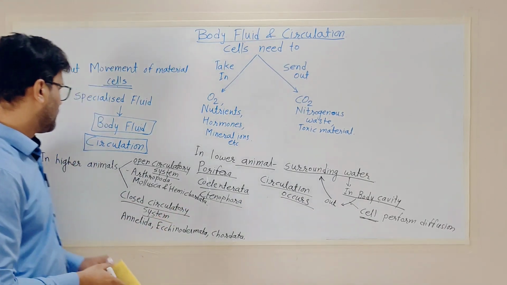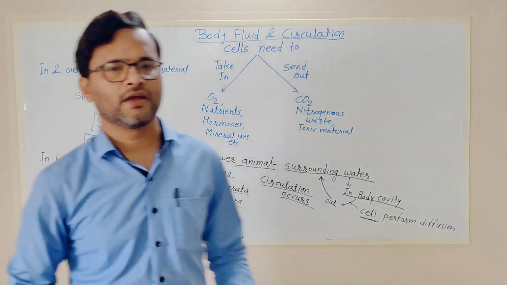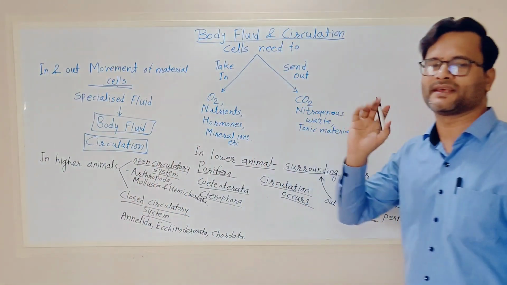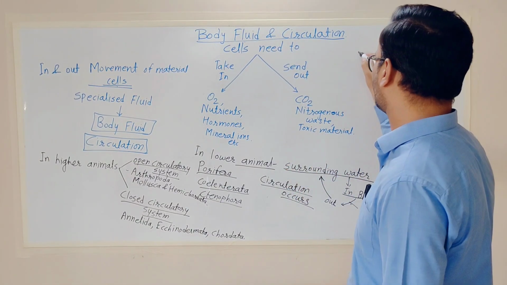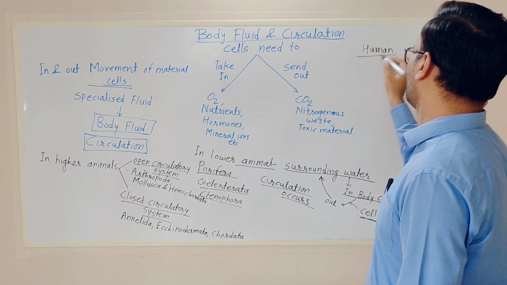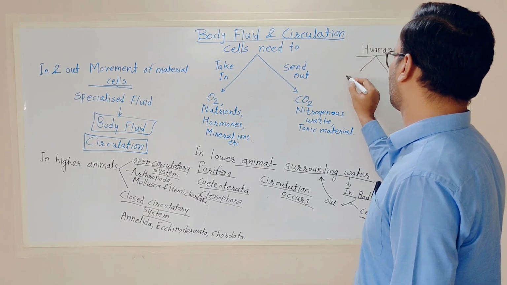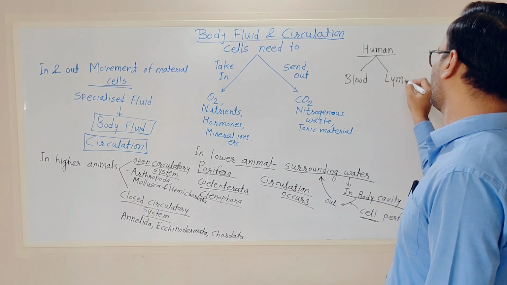Clear? Now in the case of humans, a human is a highly complex organism. So what do they have? Humans have two types of body fluid. One is blood and the second one is lymph.